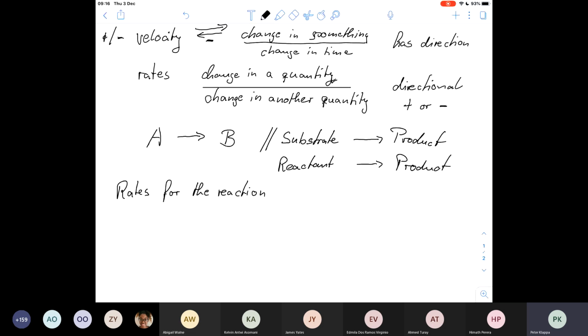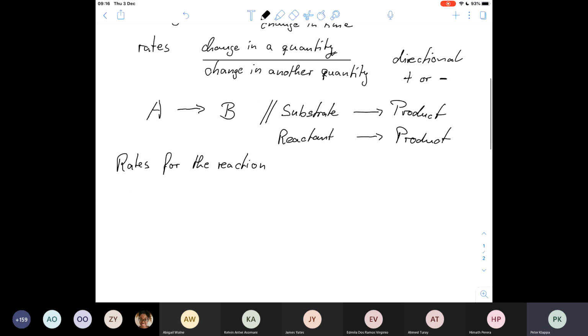But before I go into what is known as the general rate law, let's do a little experiment where we talk about the average rate versus the instantaneous rate.